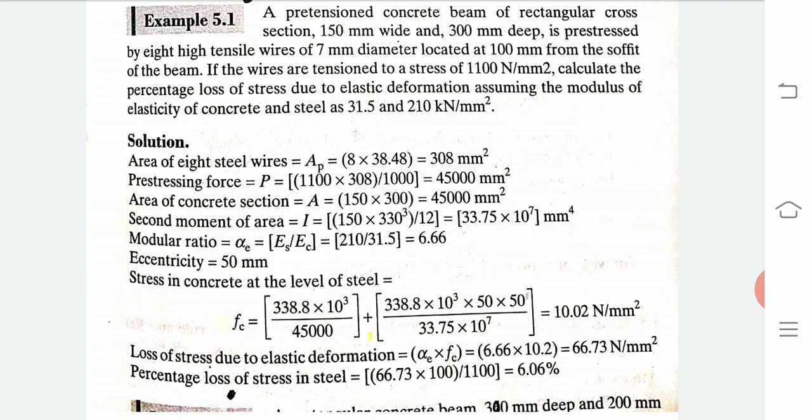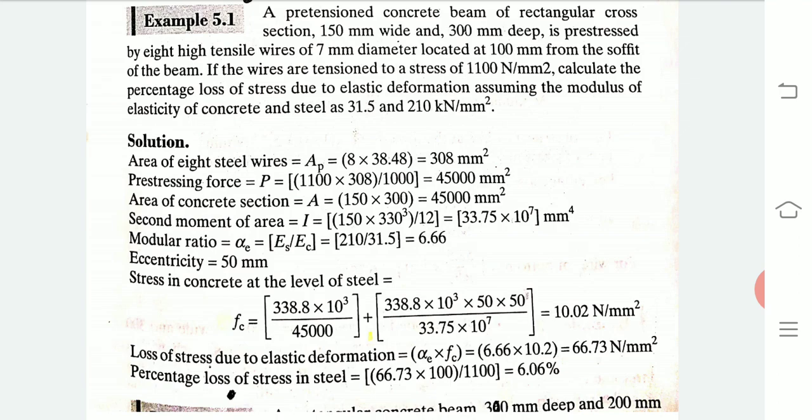Therefore the loss due to elastic deformation is modular ratio into Fc, 6.66 into 10.02, which is equal to 66.73 Newton per mm square. Therefore the loss of stress due to elastic deformation is 66.73 Newton per mm square.